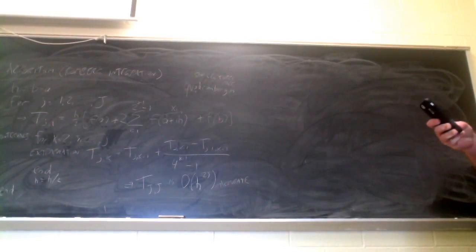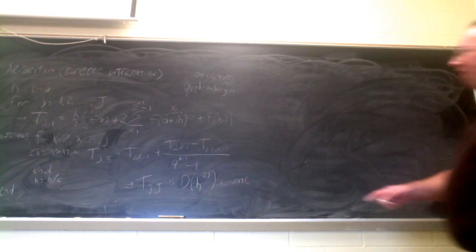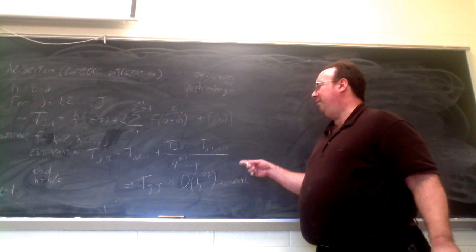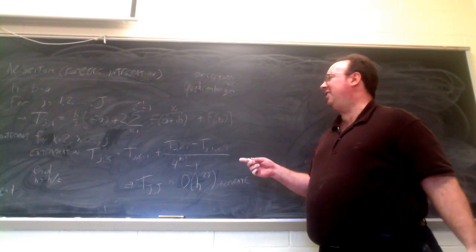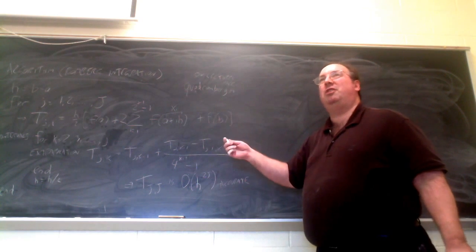But before I do that, I want to point out that the way I've written this algorithm, there's an inefficiency about it. In the extrapolation part, there's hardly anything going on here. There's just a few floating point operations and that's it. Here is where the real work is being done, to use the composite trapezoidal rule.